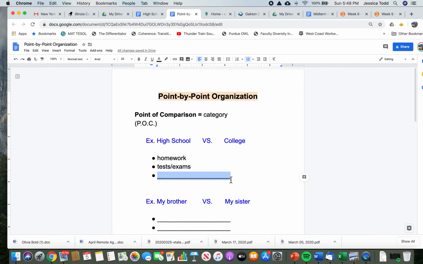And then a final point of comparison we said was attendance policies, because the attendance policy in high school is super different from college. So again, these are the 3 points of comparison, or the 3 categories that we're going to use to tell how high school and college are similar or how they are different.